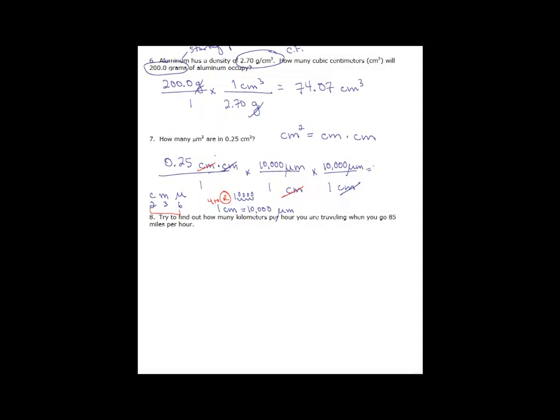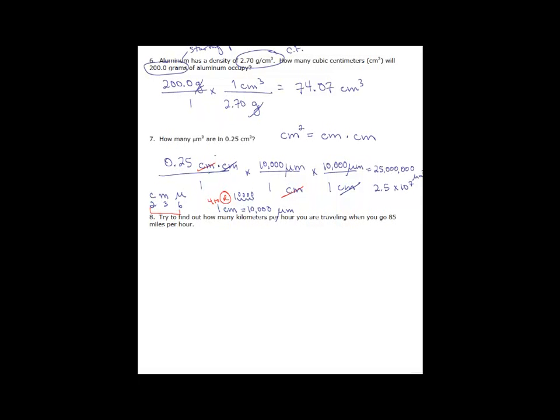So 0.25 times 10,000 times 10,000 gives you 25 million, or 2.5 times 10 to the 7th. This has 2 sig figs, this has 2 sig figs. Don't forget your units. I almost forgot my units. Micrometers squared.